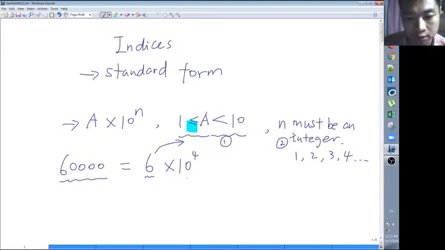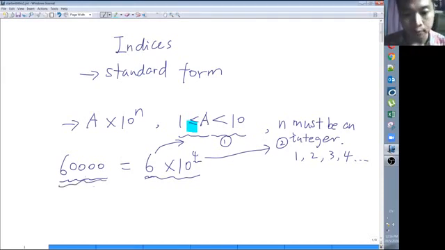The next requirement I ask myself is, is my 4 an integer? The answer is yes in this case. So when your answer meets the 2 requirements in the definition above, you have successfully expressed this 60,000 in standard form.